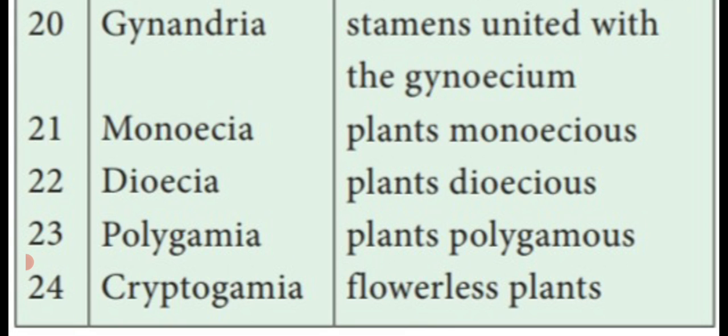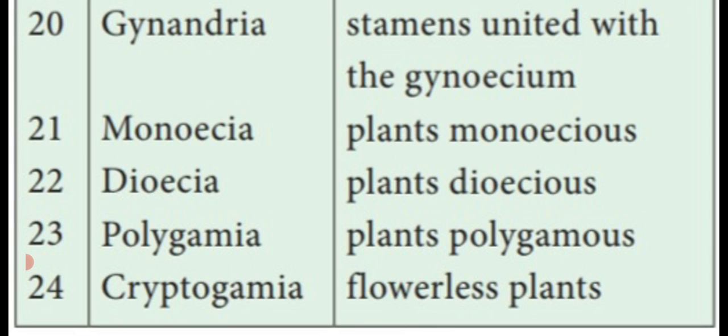Dear students, the 3 different types of classification is a very, very important 5-mark question. The first system we have seen is artificial system of classification proposed by Carolus Linnaeus. He has explained 7,300 species into 24 classes based on the sexual character, that means number of stamen, union of stamen, length of the stamen, and distribution of the stamen.